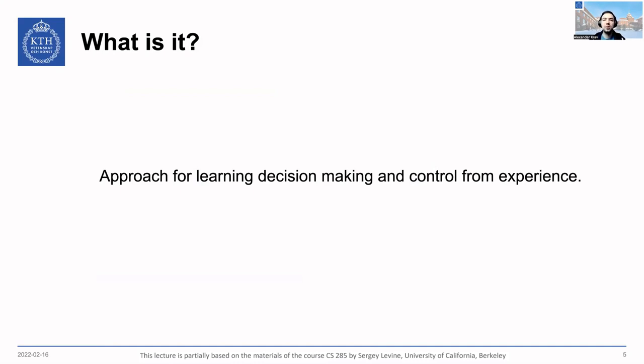We don't talk about rewards or anything else. We just say in general that we learn decision making from experience, and that relates reinforcement learning a lot more to real life tasks than other types of machine learning, such as supervised or unsupervised learning, because as humans we often do the same.